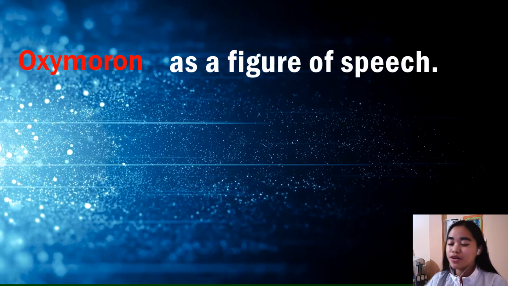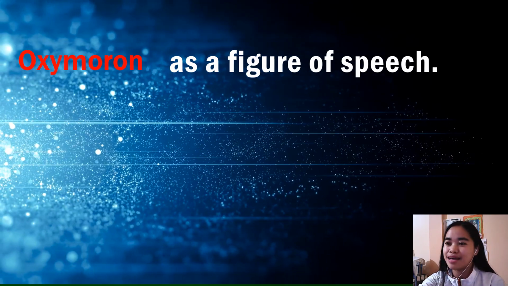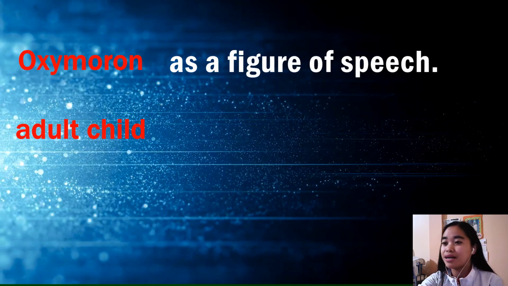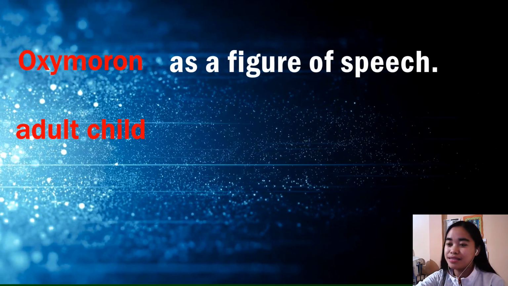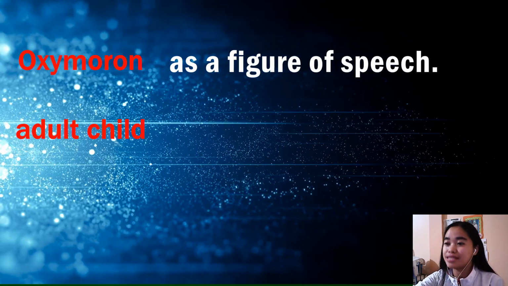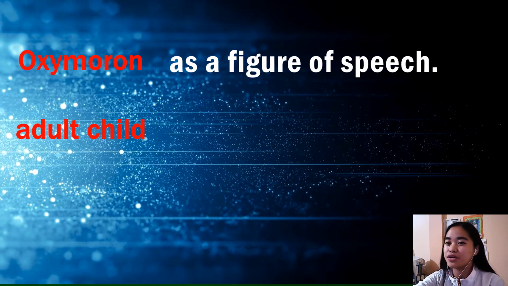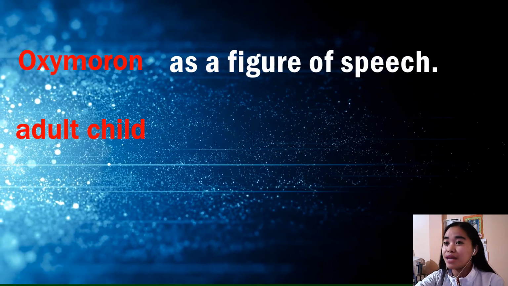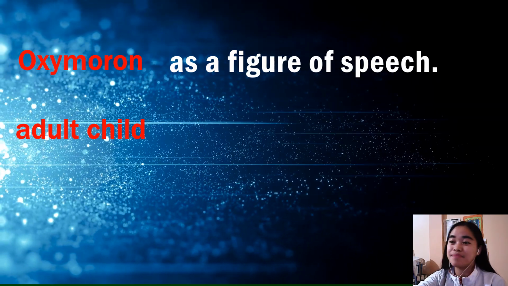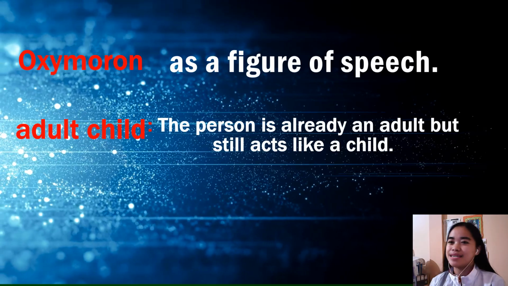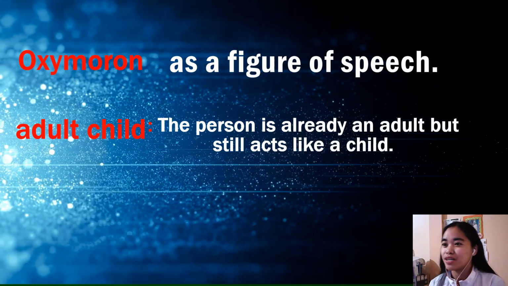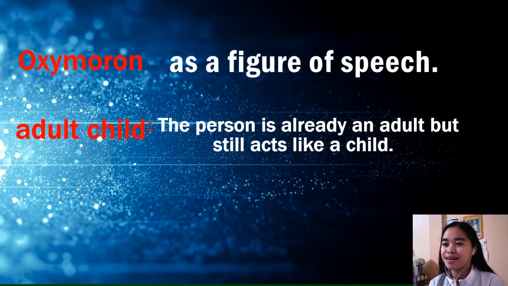So to further understand that, let's have the following example. Adult, child. Adult is a contradicting word for the word child. Now, as a figure of speech, what does it mean? So let's see. It says there the person is already an adult but still acts like a child.